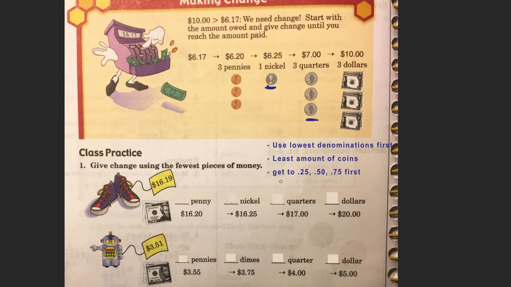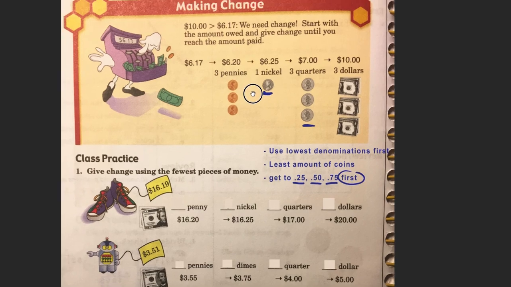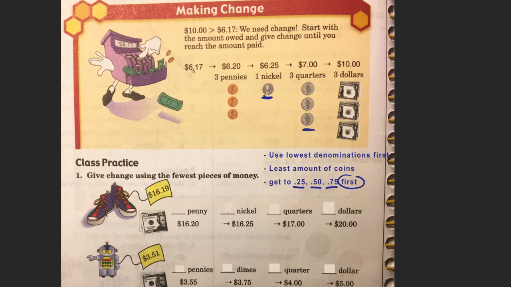Also, another thing I didn't really cover, but a good strategy to use is to get to 25 cents or 50 cents or 75 cents first, whichever is closest. So in this case, $6.17, the cashier got to 6.25 by giving 3 pennies and a nickel.